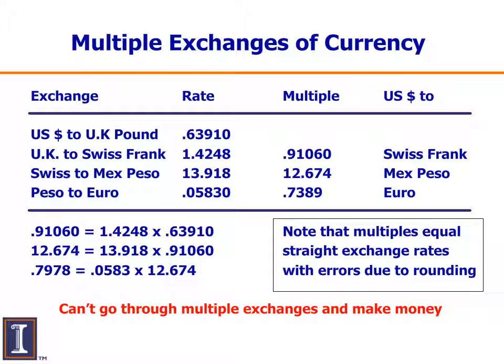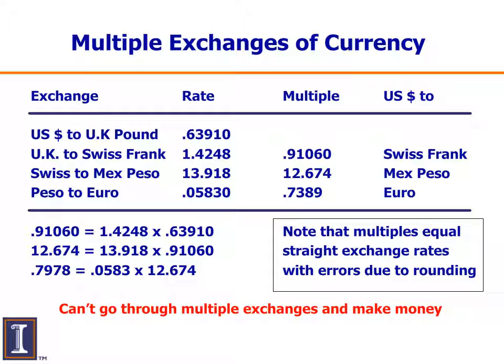Let me start here and start with the rates in the first column. So US dollar to UK pound is 0.63910, and that 0.63910 came from the previous slide. The UK pound to Swiss franc is 1.4248, and again I'm still on the rate column there.